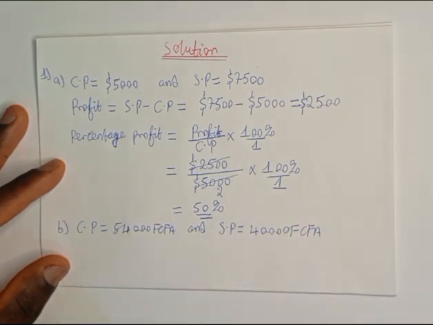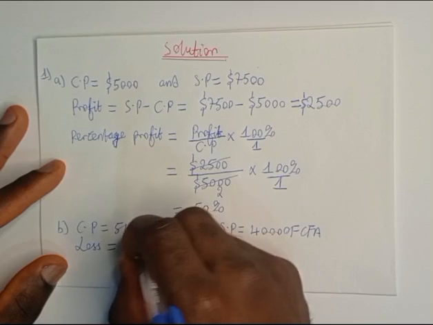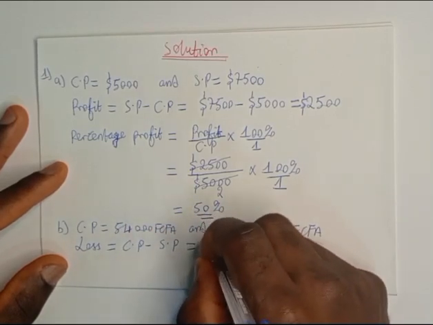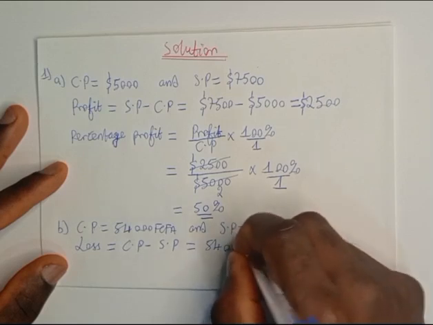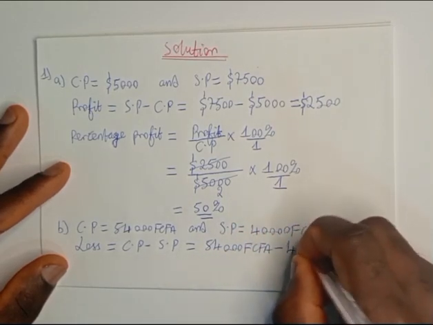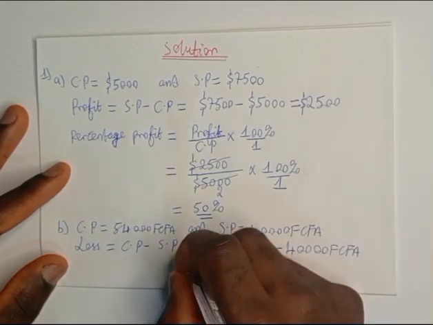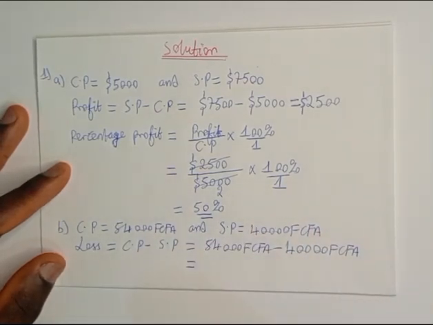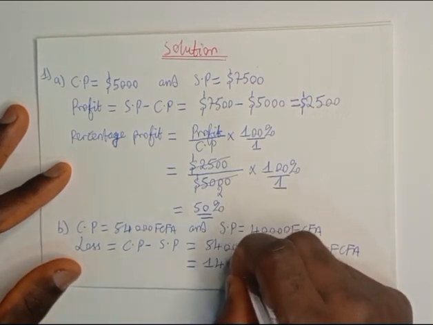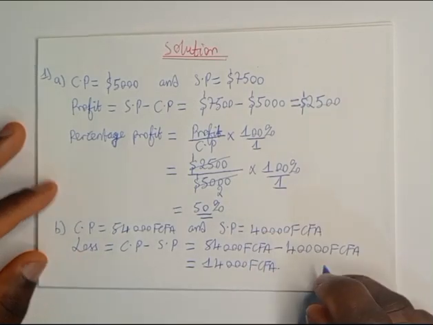That means a loss was made. Loss is equal to cost price minus selling price, which is equal to 54,000 francs CFA minus 40,000 francs CFA. And this will simply be equal to 14,000 francs CFA. So this is the loss made.